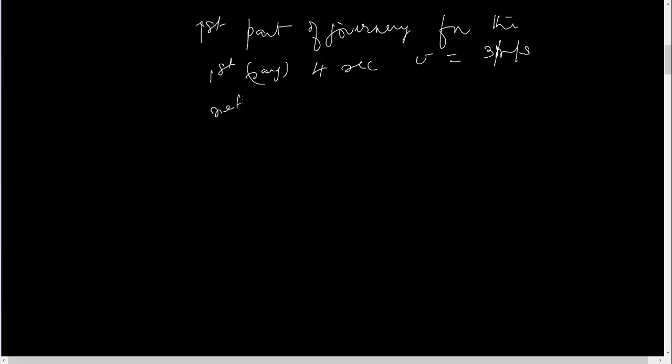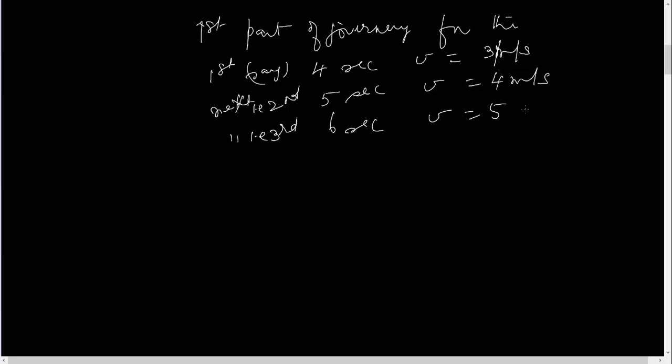Next, that is the second 5 seconds, the velocity is 4 meters per second. And the next, third 6 seconds, its velocity is 5 meters per second. Let us say that this is going to be the data that is given.